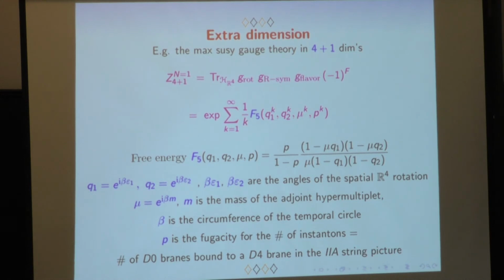So it's an expression of the form: you have some basic function, which has the meaning of a trace over a single-particle Hilbert space of some symmetry group, and then the full partition function is that of a Fock space built on the single-particle space.